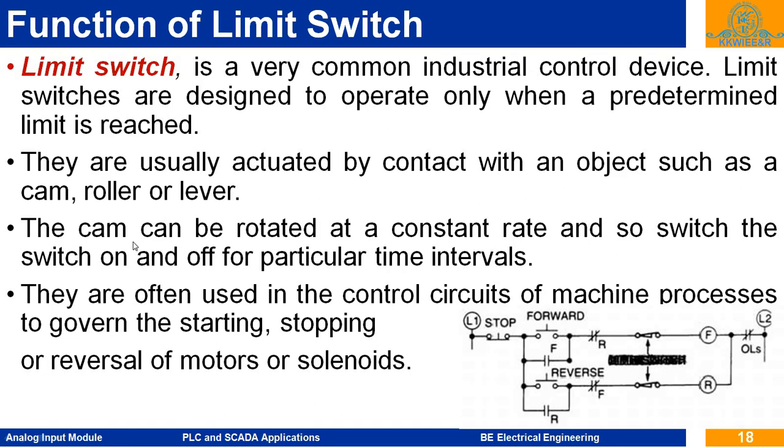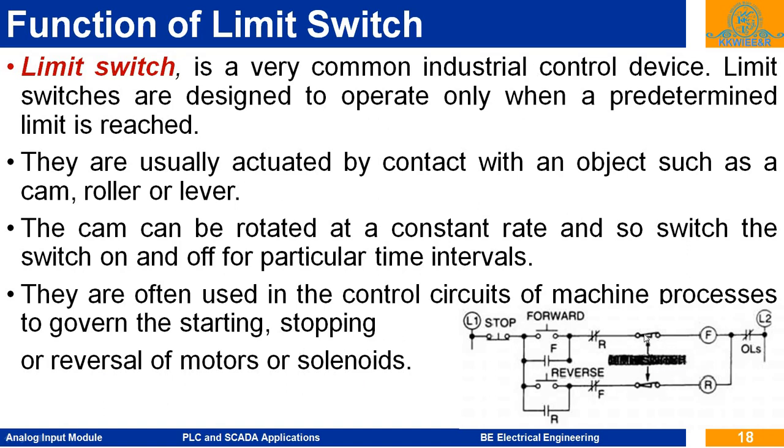The cam can be rotated at a constant rate and so switch on and off for a particular time interval. They are often used in the control circuit of machine processes to govern the starting, stopping or reversal of motors or solenoid valves. So this is the limit switch.